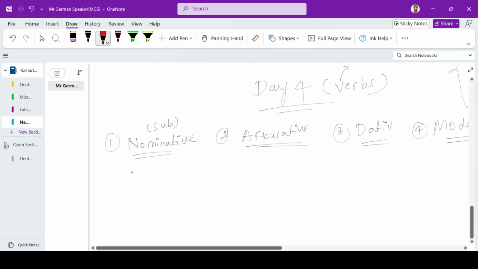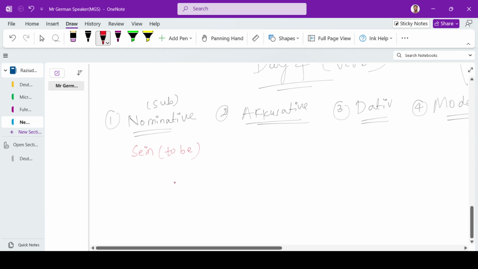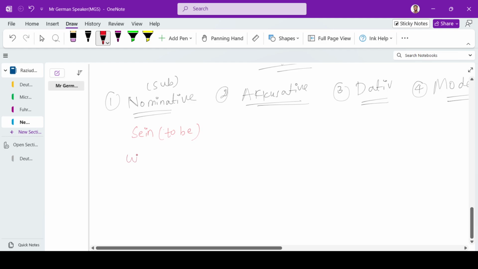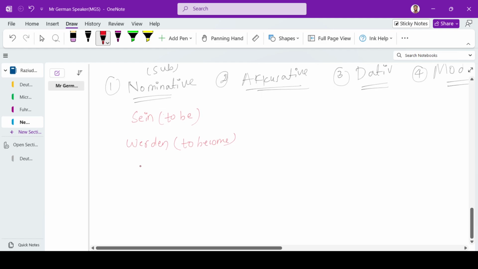The first verb is sein. Sein is like to be. Then comes werden. Werden is like to become something. I want to become a pilot. I want to become a teacher. To become something. Heißen. As you see, this is ß.